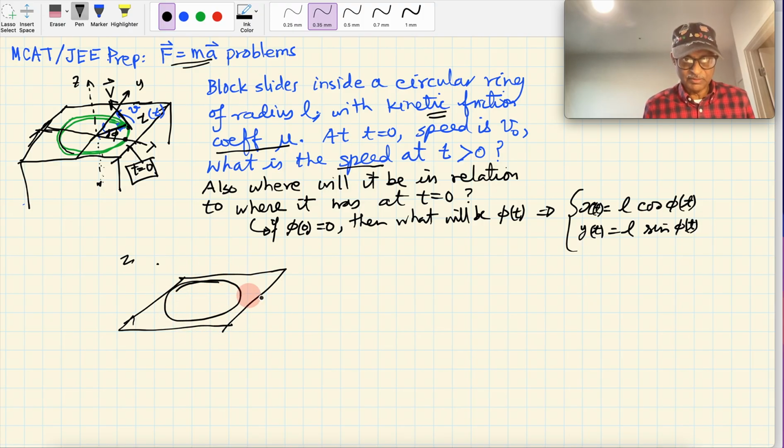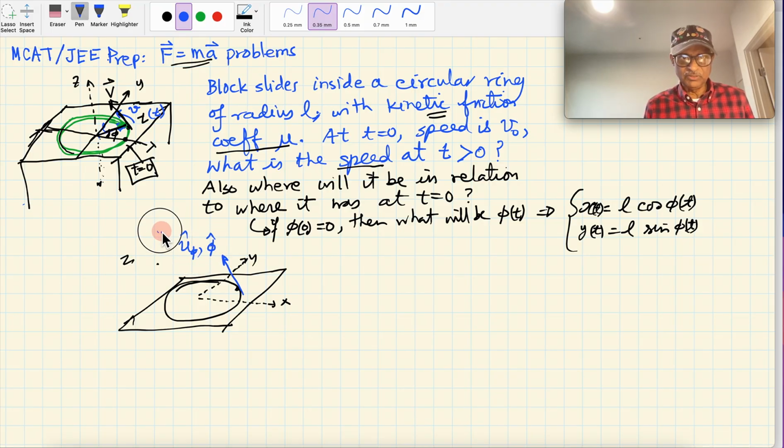So here's a circle. I'm over here, and the x-axis is this way, and the y-axis is that way. If I'm over here and it's going this way, this is the so-called phi hat direction, right? These are unit vector directions.